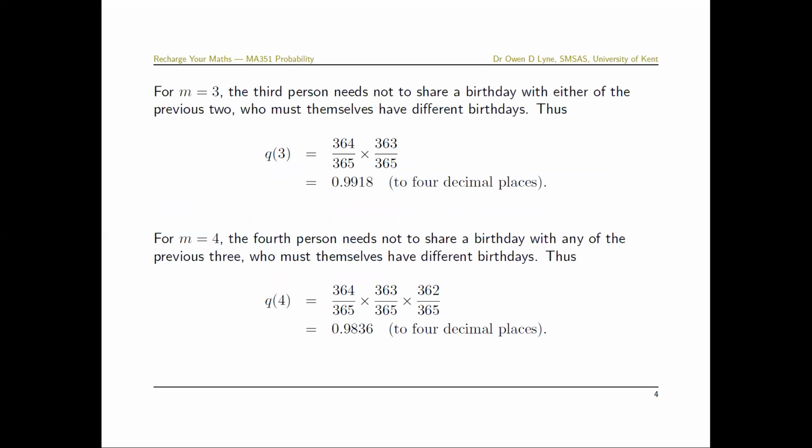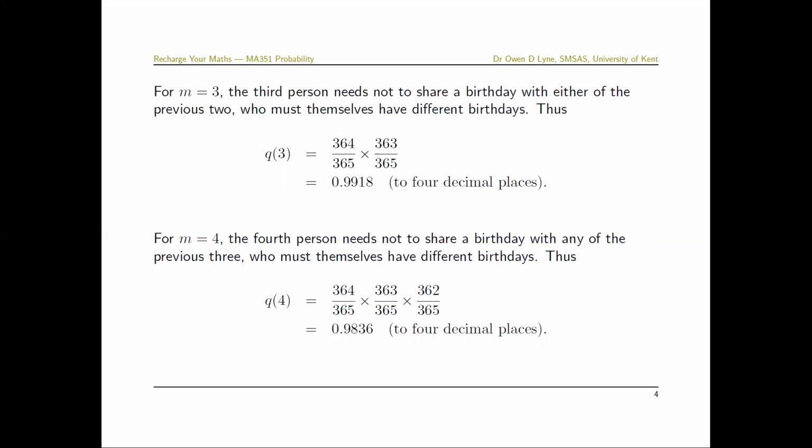When m equals 3, the third person who comes in needs not to share a birthday with either of the previous 2, who must themselves have different birthdays. So I've still got 364 over 365, but now I multiply that by 363 over 365. The third person sees a calendar with 2 days ticked off. They've got 363 days left that they can choose from. And it's appropriate to multiply those 2 probabilities together if we believe these events are independent.